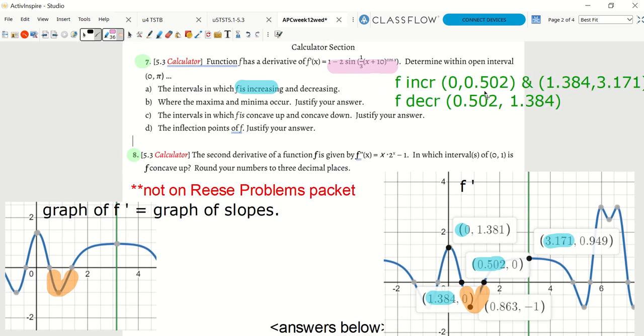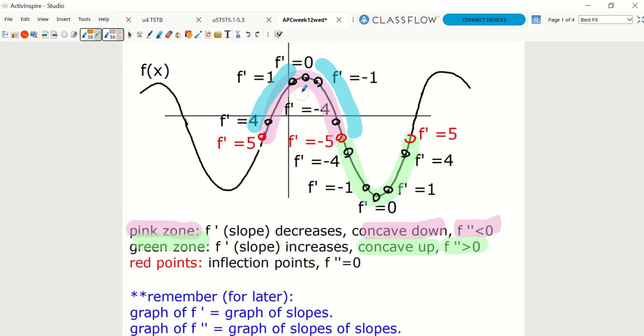So where the minimum and maximum occur is basically at the x-intercepts, okay? So we have an x-intercept here, and here the slopes are positive up until this point right here, positive, positive, positive for F. Let me just go back to this slide right here.